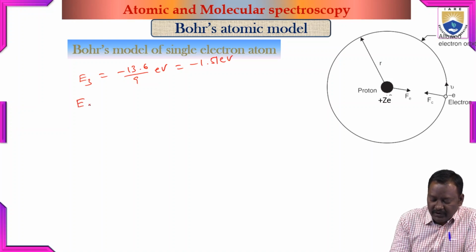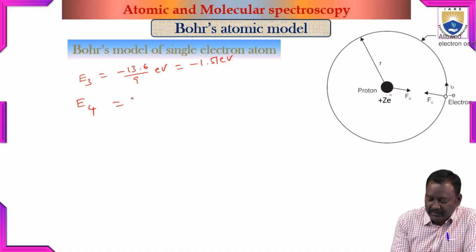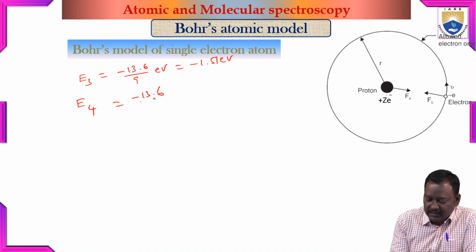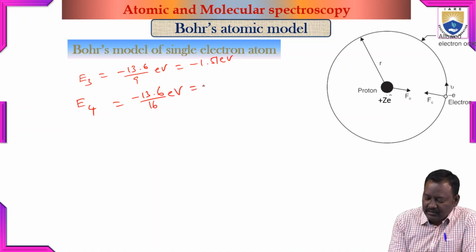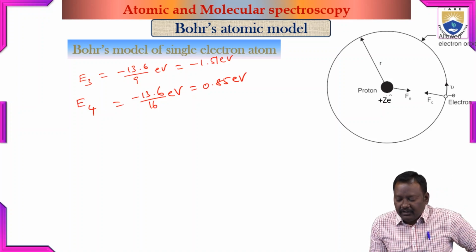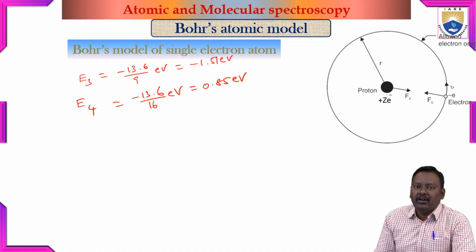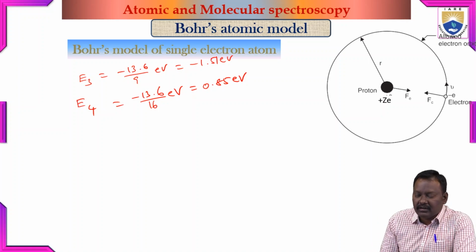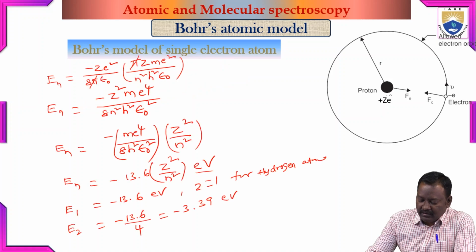For the fourth orbit, we get minus 13.6 by 16 electron volts, that means minus 0.85 electron volts. So the energy of every orbit for hydrogen or any other atom can be determined by this particular formula.